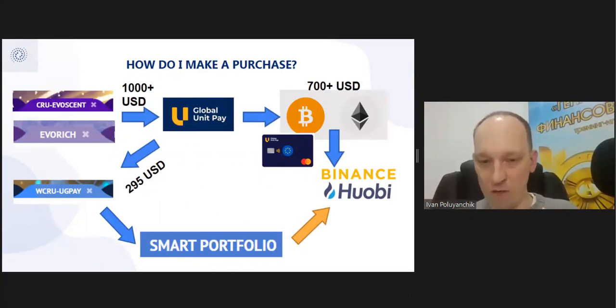You may buy Bitcoin and Ethereum and transfer them to Binance or Huobi. And by using Global Unit Pay, you may pay for the license in the World CRU back office and go to Smart Portfolio and start this balancing method.